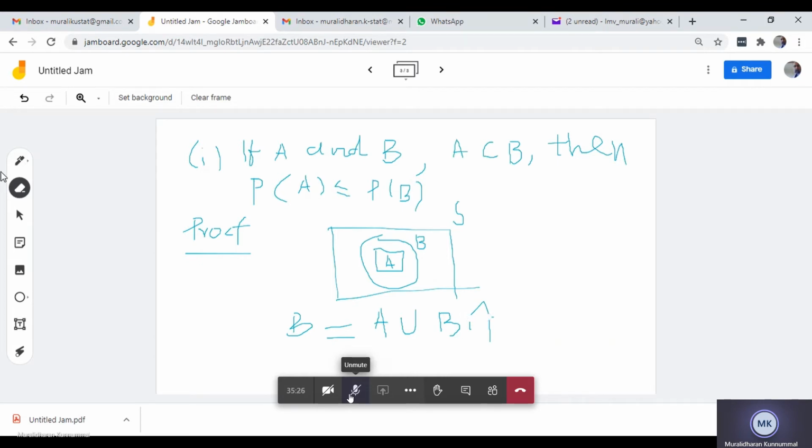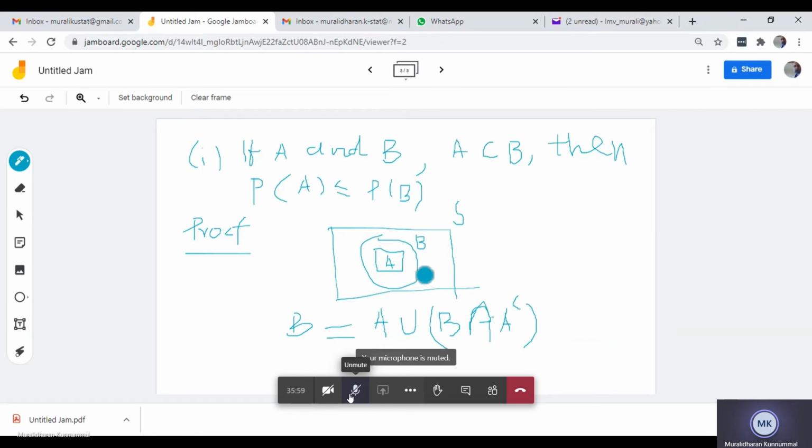Put a bracket here. You can see that the set B is simply the union of these two, because since A is a subset of B, we take A union, and this much portion is the A complement portion. With its intersection with B, B becomes the whole set. So B becomes a set of two mutually exclusive events.